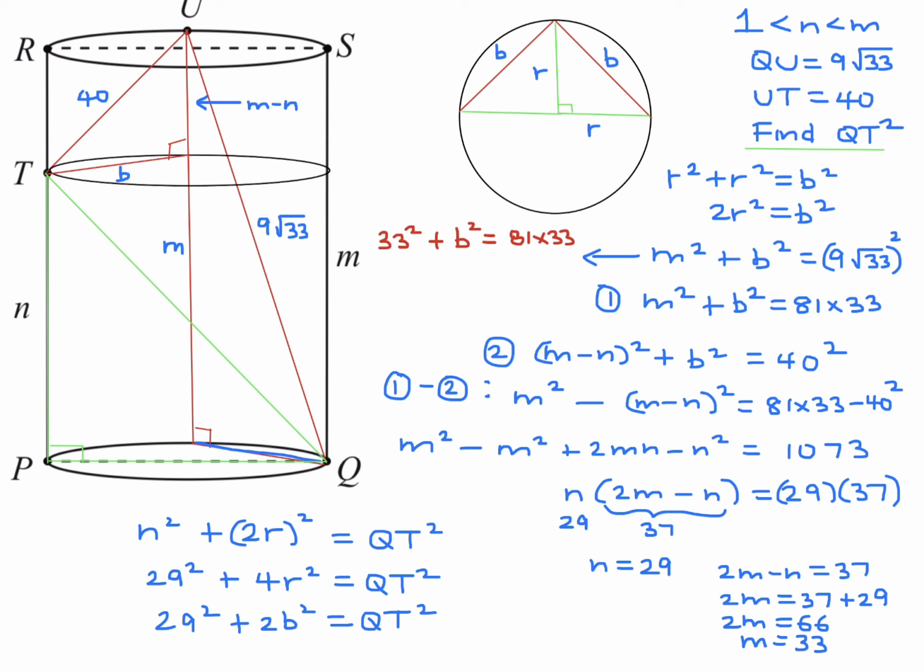That means b squared would be 81 times 33, which is 2673, minus 33 squared. And when you do that math, you get b squared is equal to 1584.